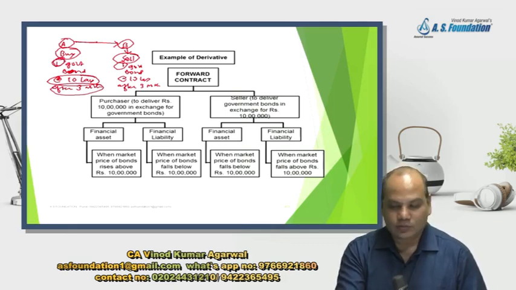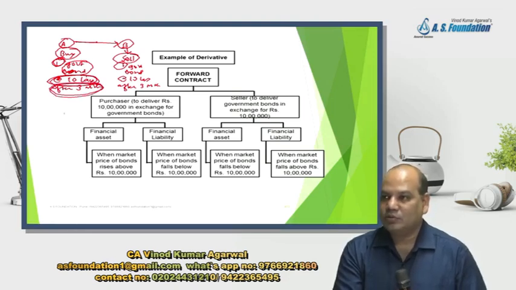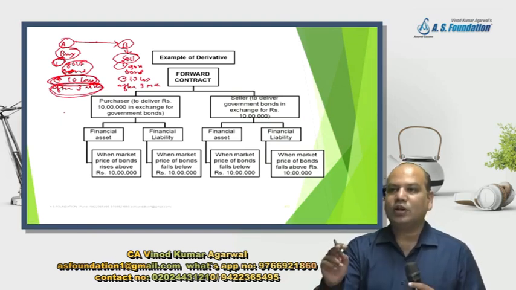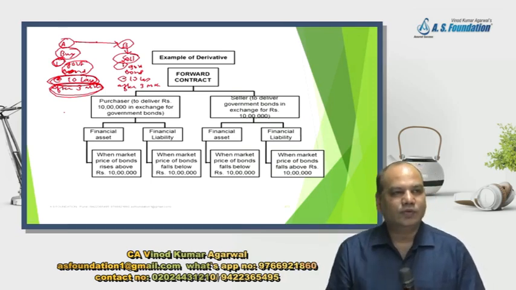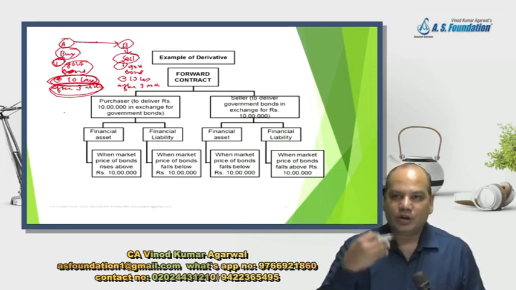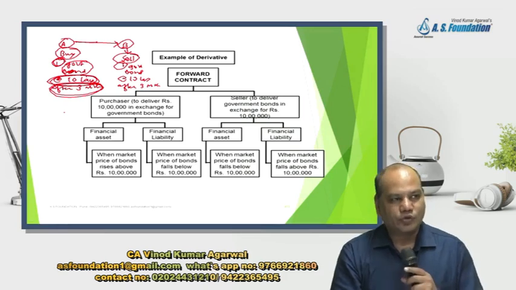Specified quantity, specified underlying, specified price, at a specified date. So they locked the rate in advance for this government bond at 10 lakh. Such contracts are called forward contracts. The rate is fixed in advance, and the execution or the delivery will take place at a future date.